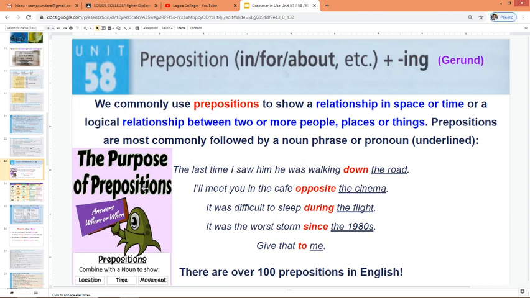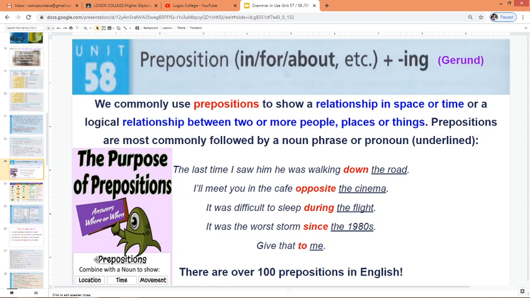And I don't know if everyone knows all the prepositions in English. There are over 100 prepositions in English. That's a lot. I don't expect you to know them all.